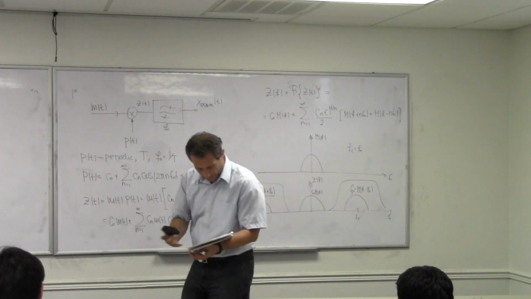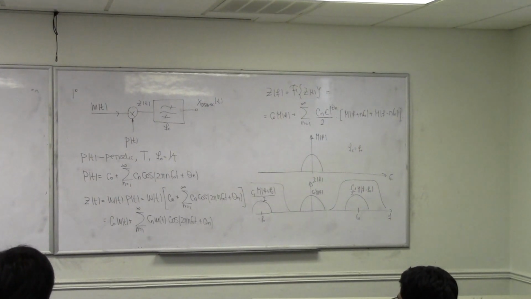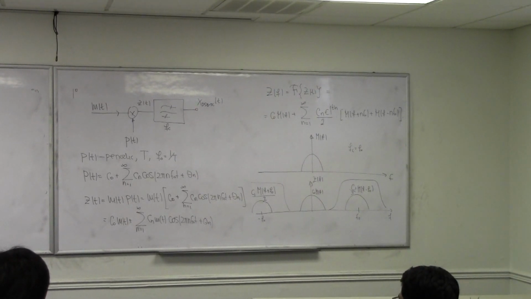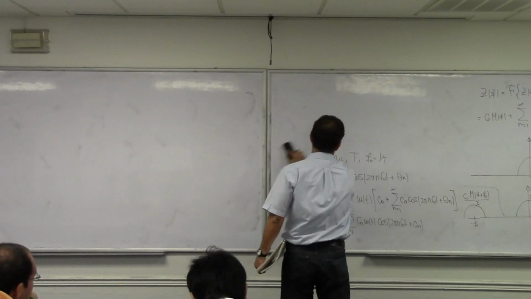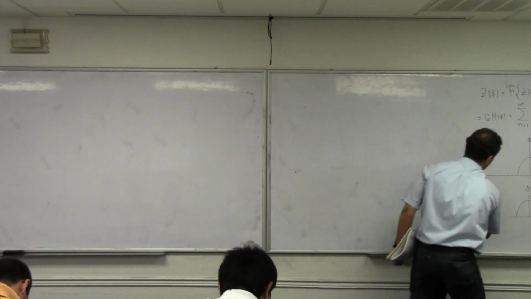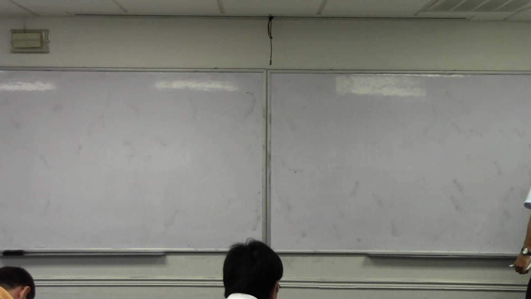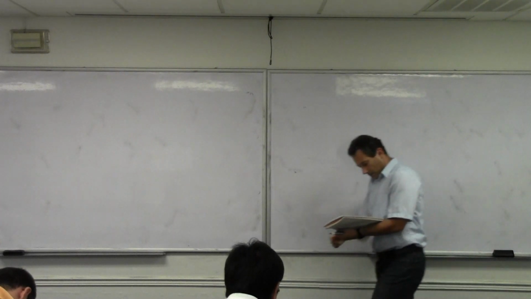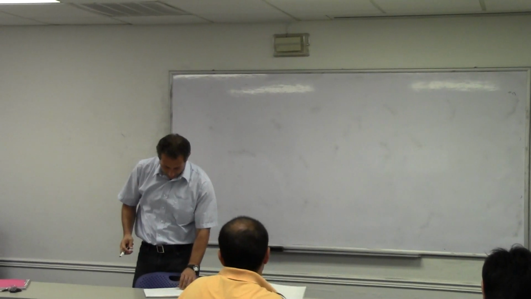Let's do this problem. It says, using orthogonality of sine and cosine, it is possible to transmit two different signals simultaneously using the same carrier frequency.